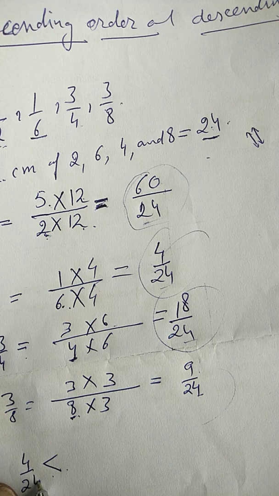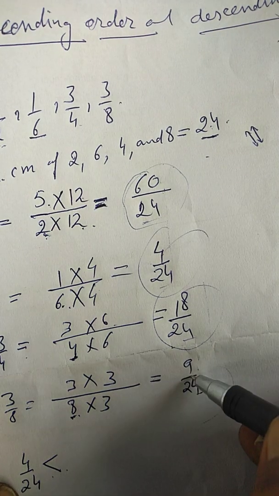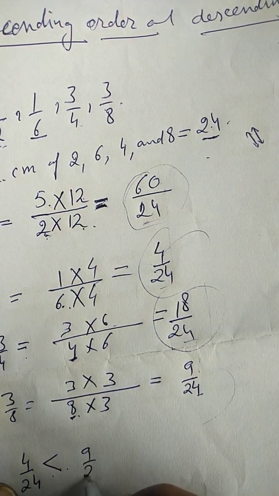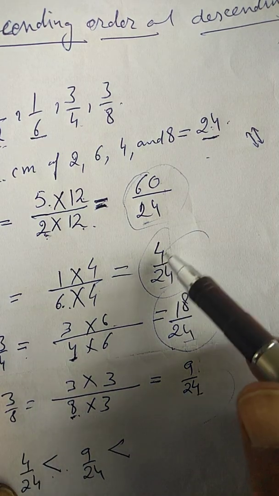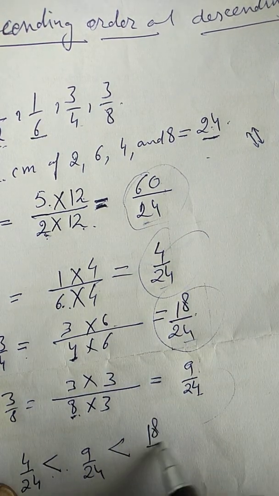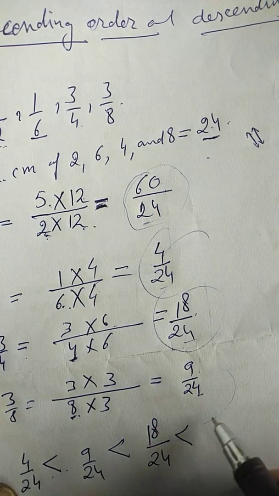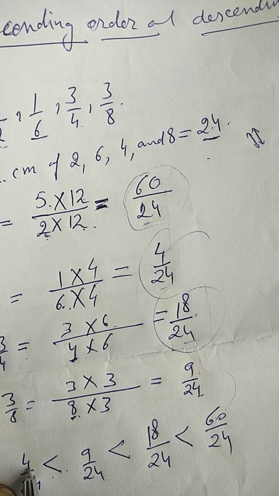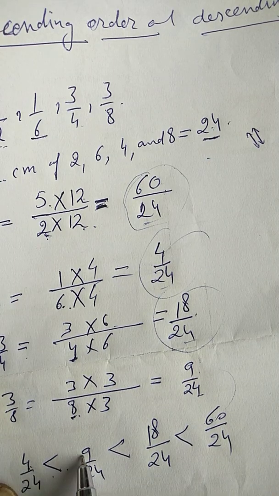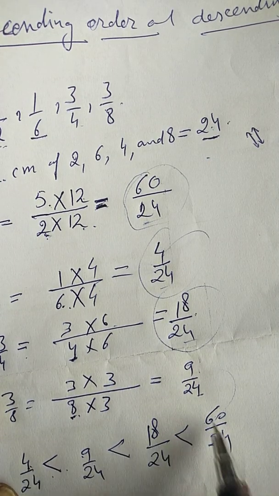After that 9 upon 24, less than. After that we have 18 by 24, then less than 60 upon 24. Right? 4 upon 24, 4 is less than 9, 9 is less than 18, 18 is less than 60.